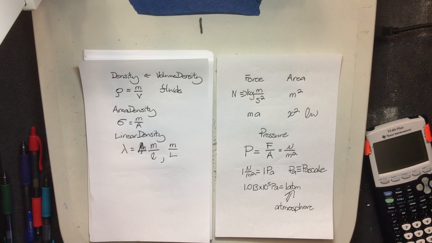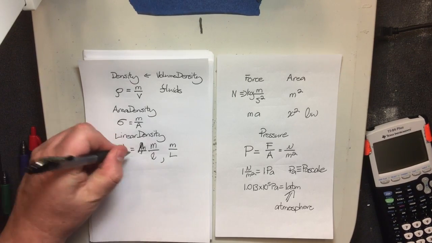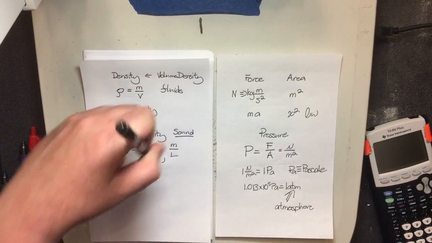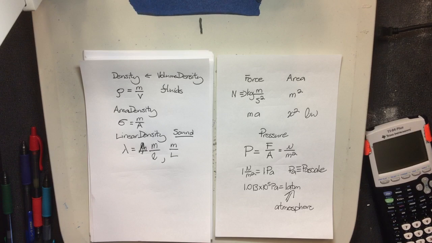Sigma and lambda are frequently used when it's experimentally advantageous to use those values. Lambda we're going to be using for sound. Think of guitar strings.